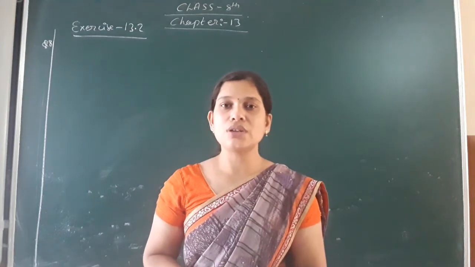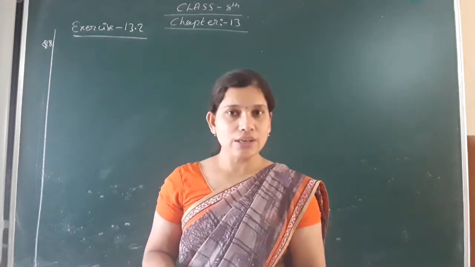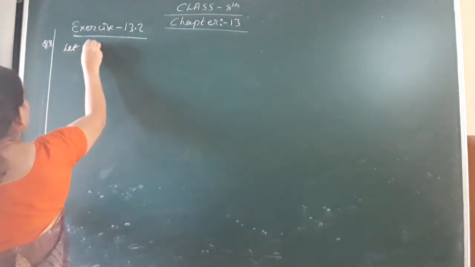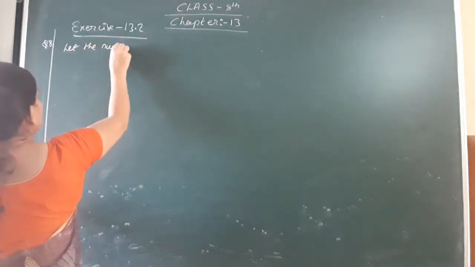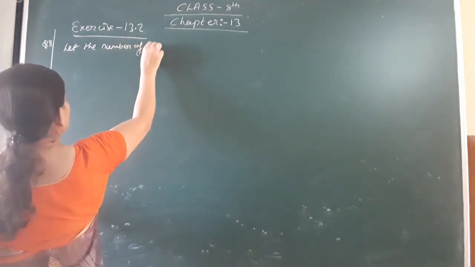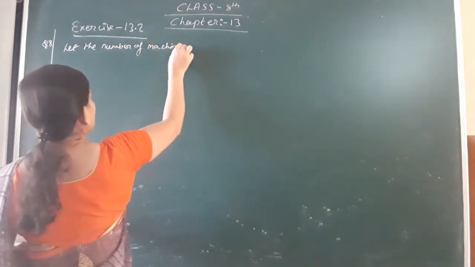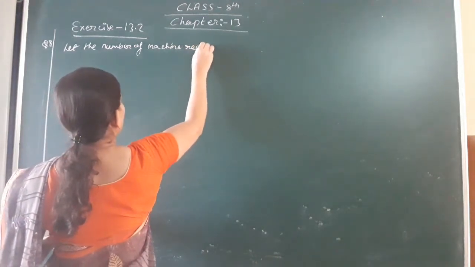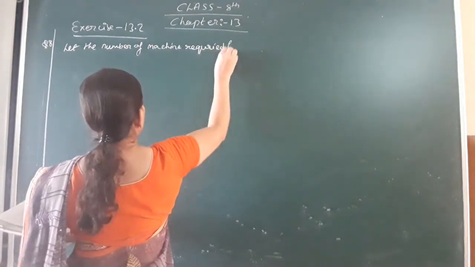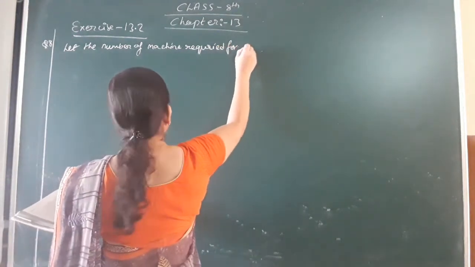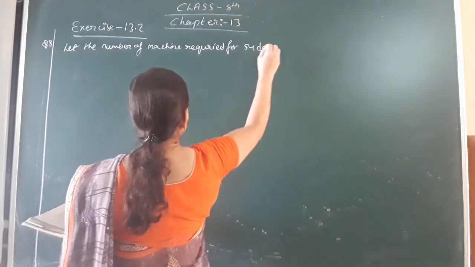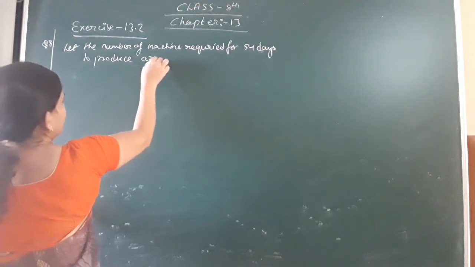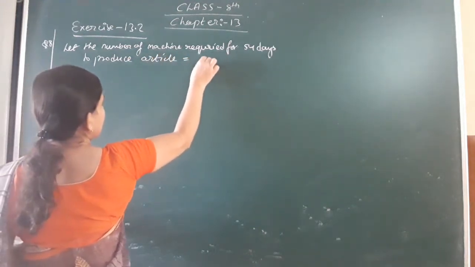So let the number of machines required be x. Then we are going to solve by the inverse proportion formula, isn't it? So let the number of machines required for 54 days to produce the articles be x.